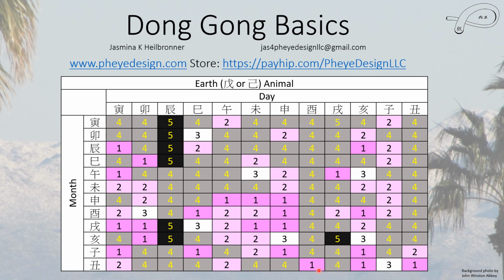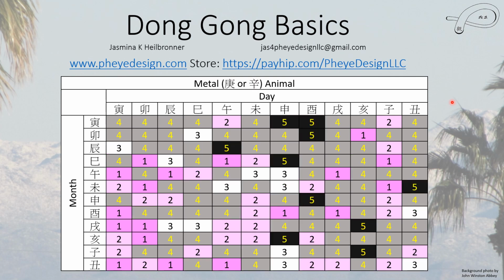It's just not very good for starting something, except for the month of the ox, which is most of January. And here, the dragon, there isn't a single good day for the Wu, which is Yang Earth dragon. So this is definitely not such a good month or such a good element of the animal signs.